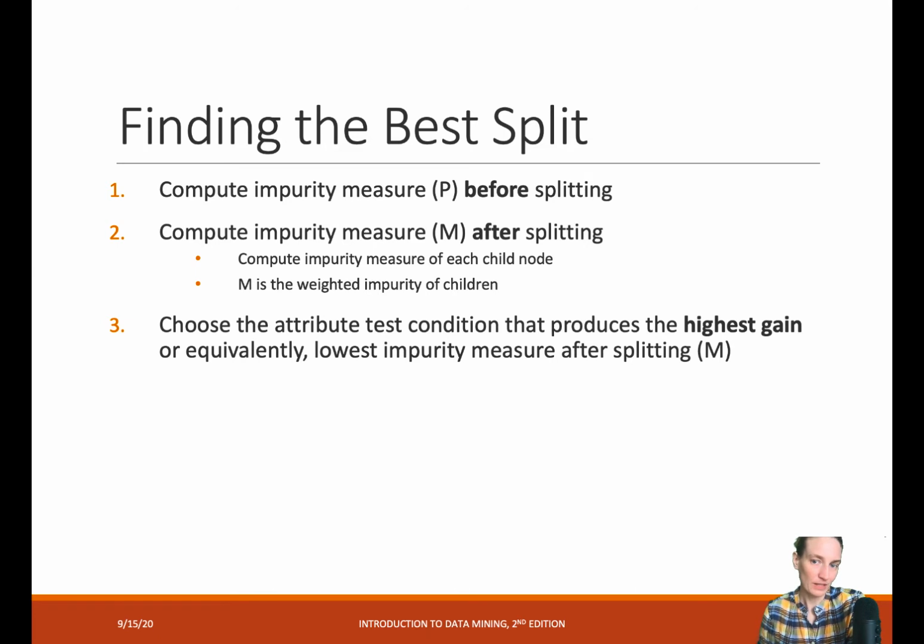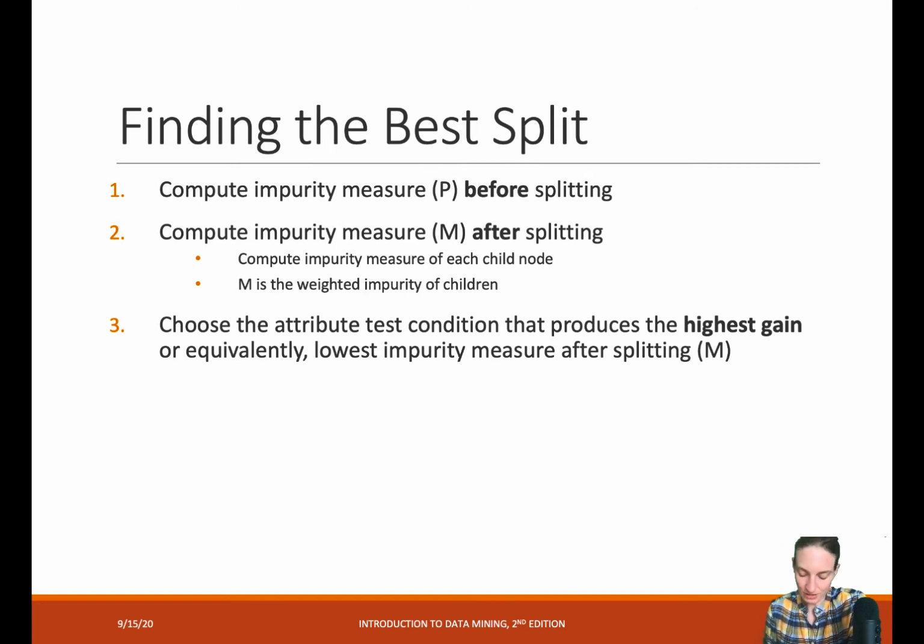Okay? So in the previous example, we will calculate the impurity of doing a split on each of the attributes, and then choose the one with the lowest impurity based on our chosen measure after splitting. Okay.